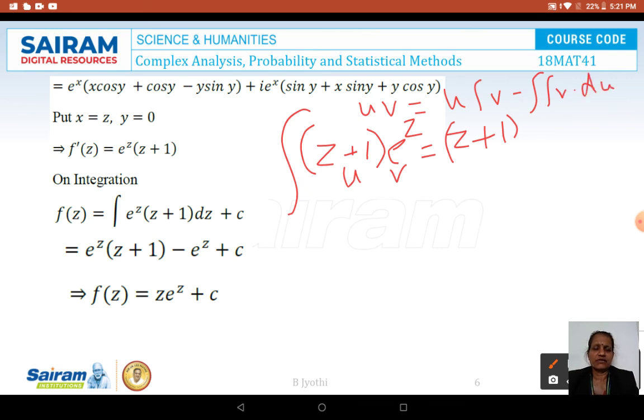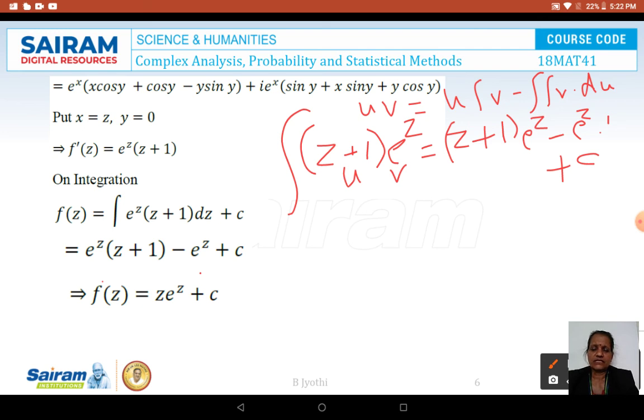So z plus 1 into integral of e power z is this, minus integral of the integrated function, which will be e power z itself, times the derivative of z plus 1, which is 1. So what we are getting is e power z into z plus 1 minus e power z into 1 plus the constant of integration.